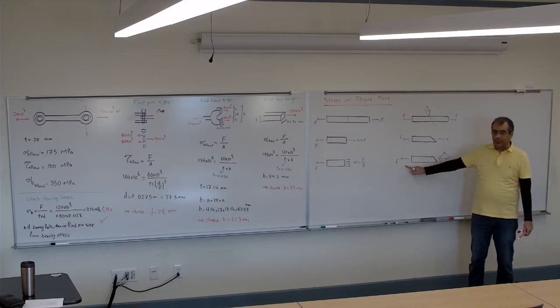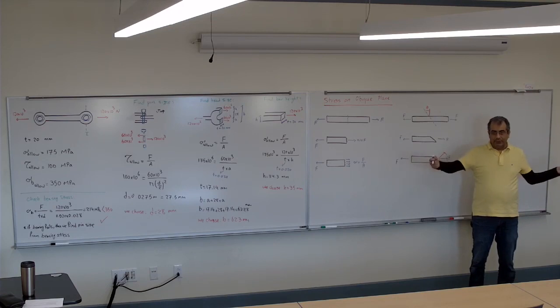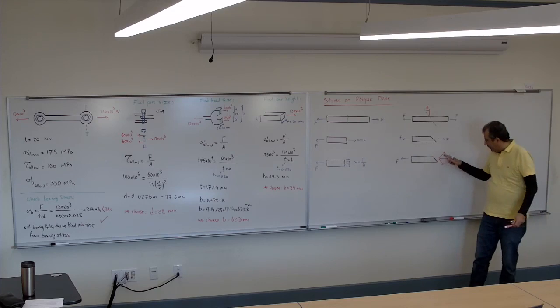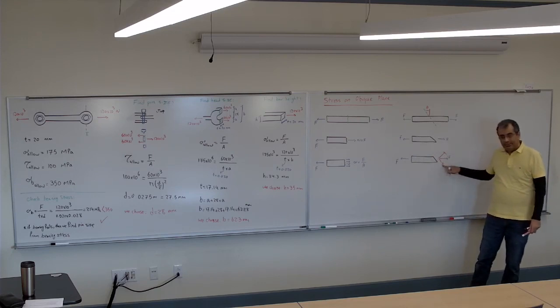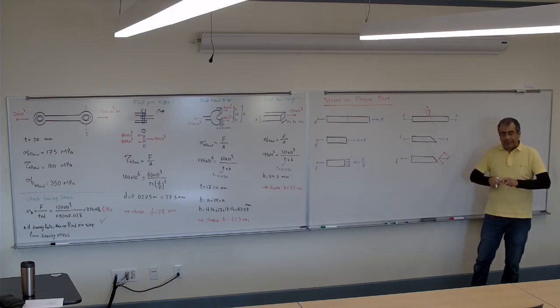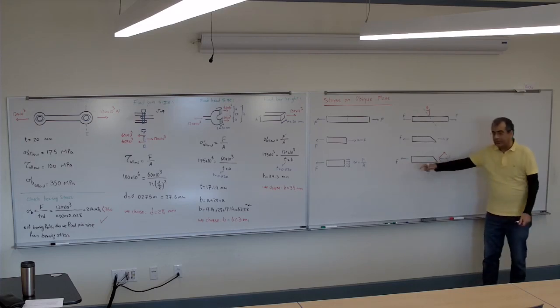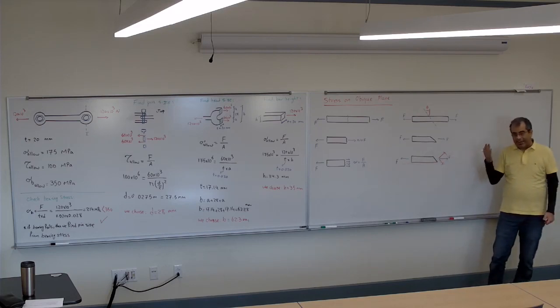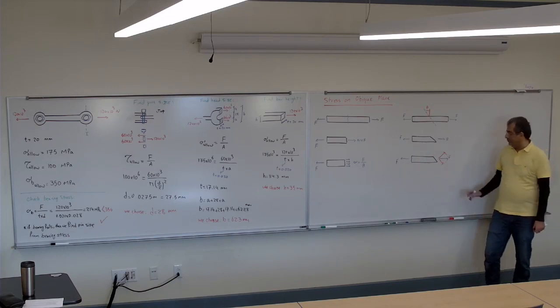Although the member carries the normal force, even under the normal force I might end up with shear. That's very important later on when we want to design: even under the normal force, on an angled surface, I will have the shear.